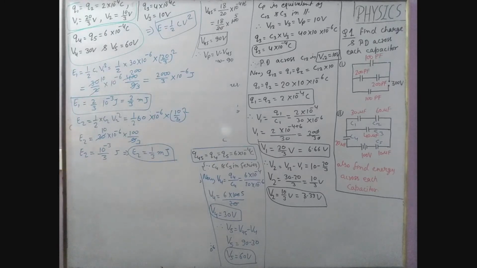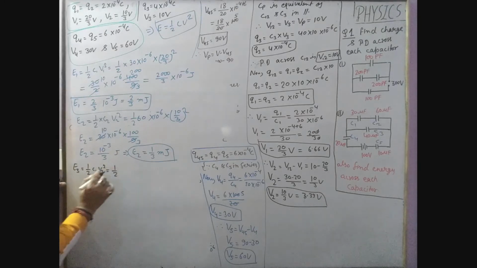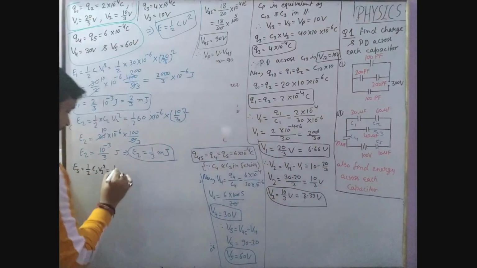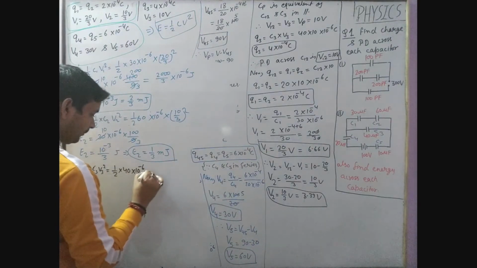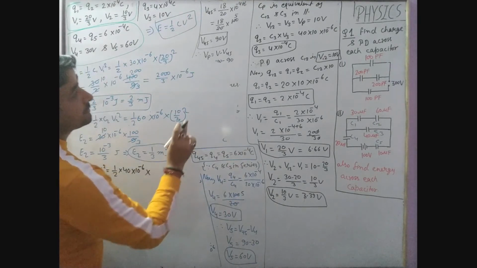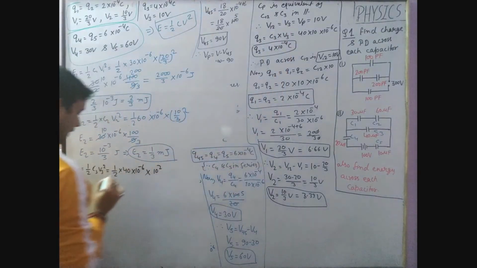Now E3 we have half C3 V3 square. C3 we have 40, that is 40 into 10 to the power minus 6, into V3 which is 10 square.